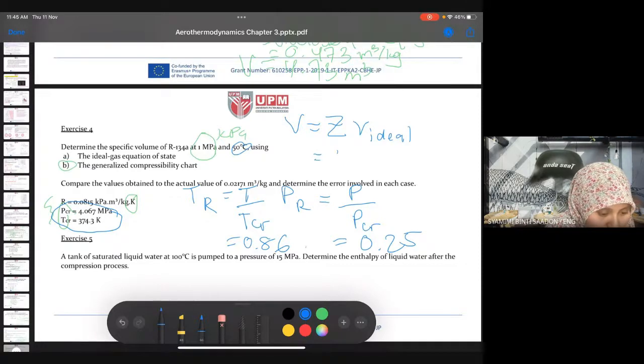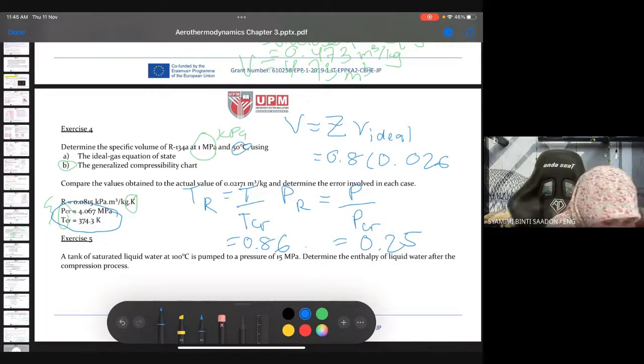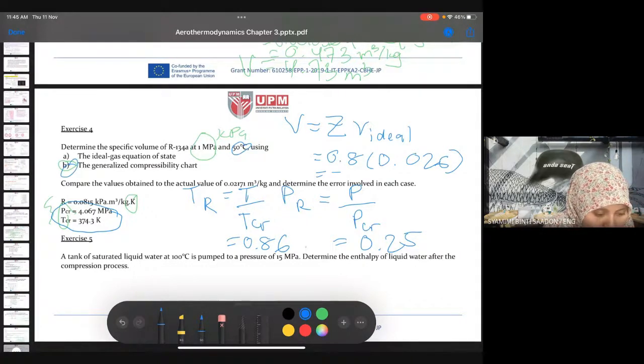If Z is around 0.8 and the V ideal we calculated just now is around 0.026, this will be our specific volume using the compressibility chart.